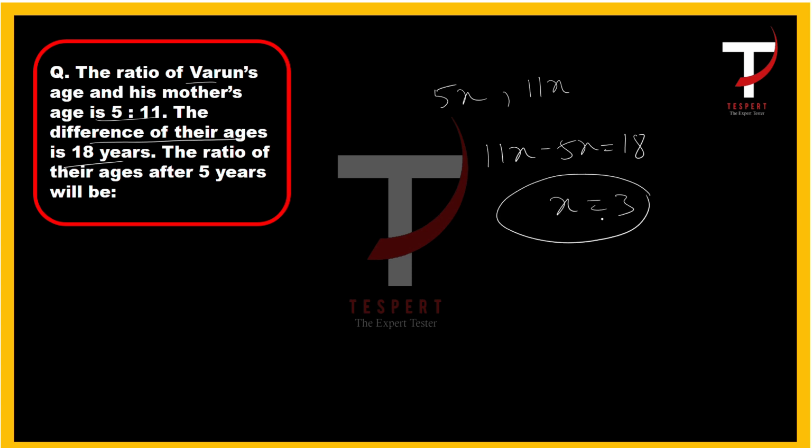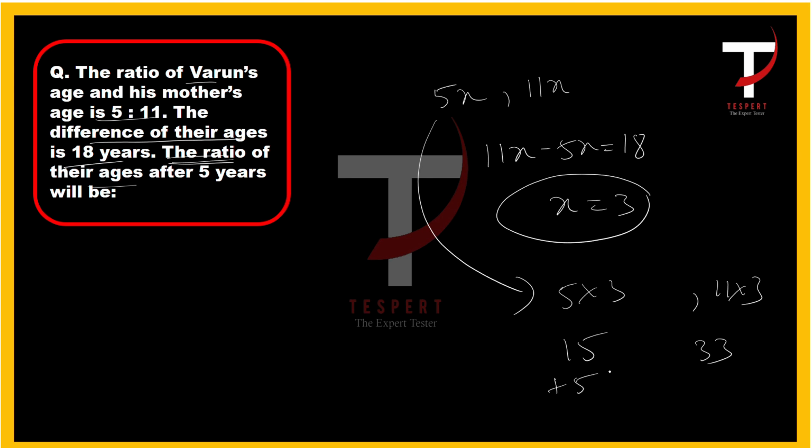So x will be equal to 3, and we must calculate the ratio of their ages after 5 years. So after 5 years, the present ages are 5x and 11x. So 5 into 3 and 11 into 3, this is 15, and this is 33. So after 5 years, it will be plus 5, and here plus 5.